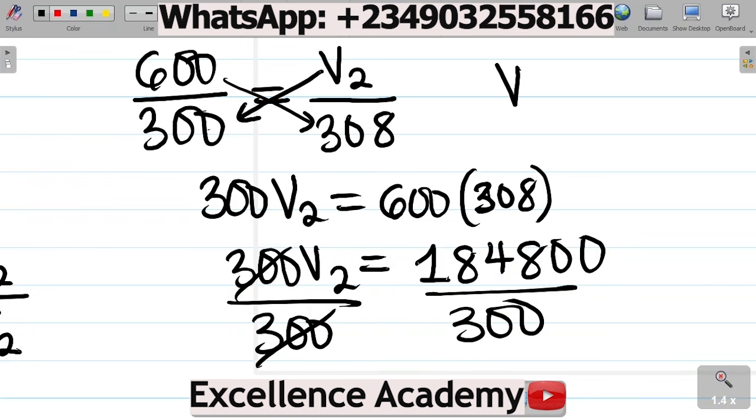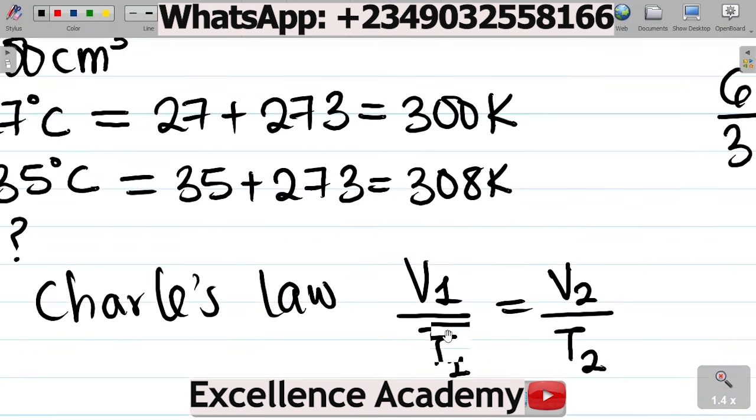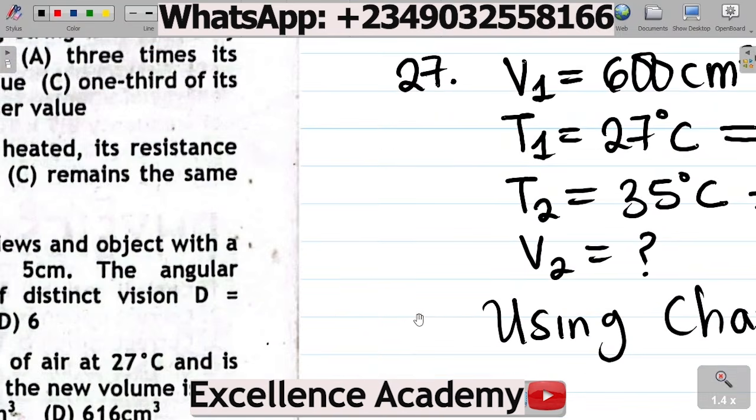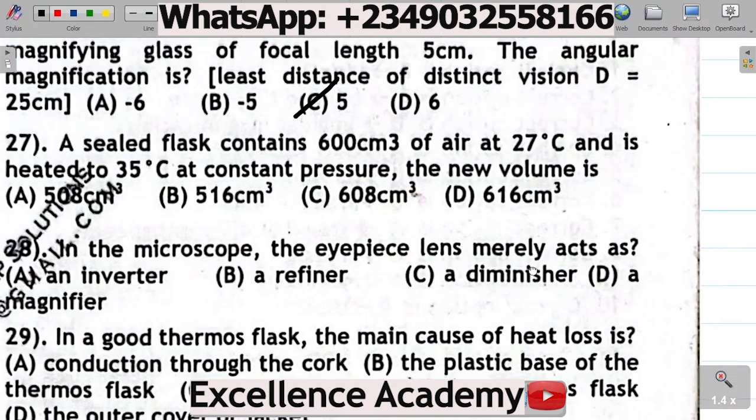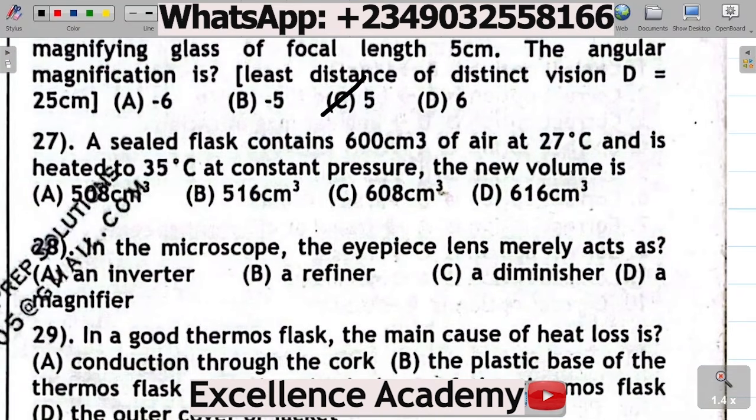You have that V2 is equal to 184,800 divided by 300. The value there is 616. Of course, this is in centimeter cube. So 616 cm cube. That's your value. The correct option there is D. So D is the correct answer.